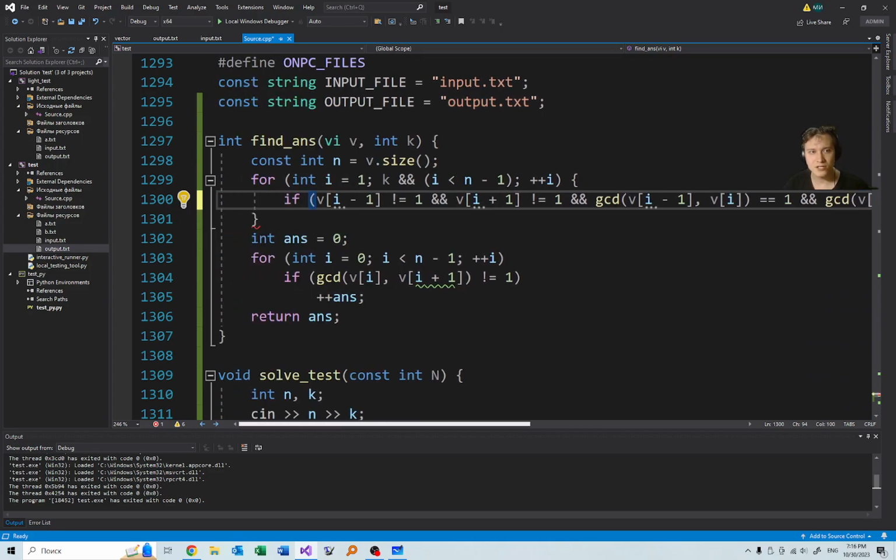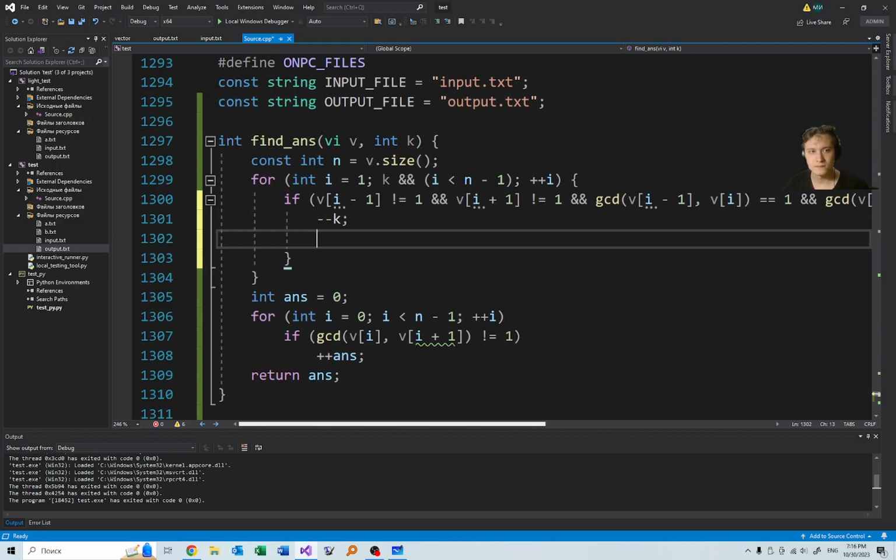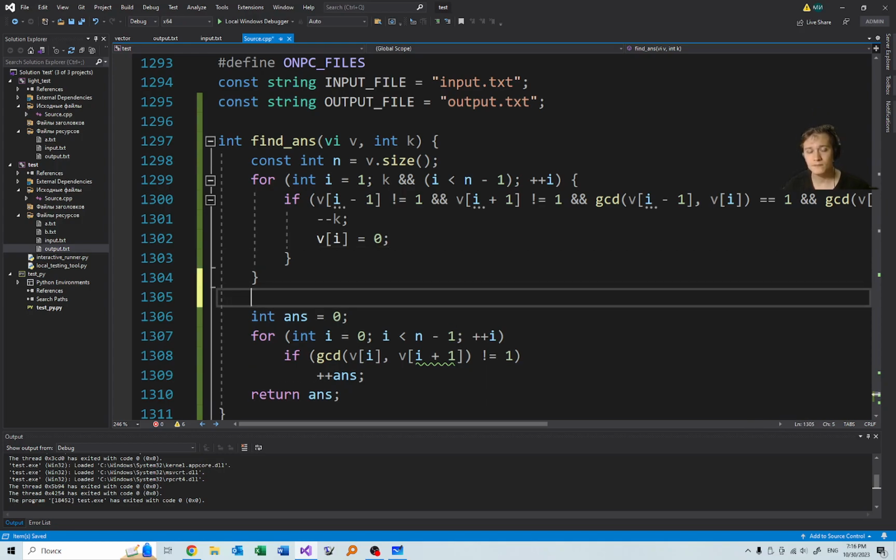So in this strange case, we can subtract 1 from k and say that v_i is 0. Okay, we did it. After that, we need to iterate over all blocks of 1s and eliminate them in the order from the smallest to the biggest.